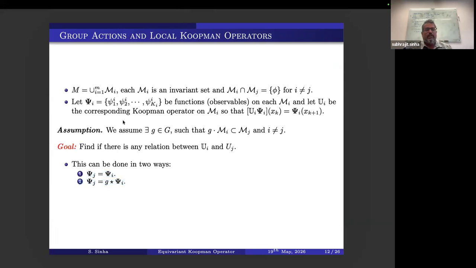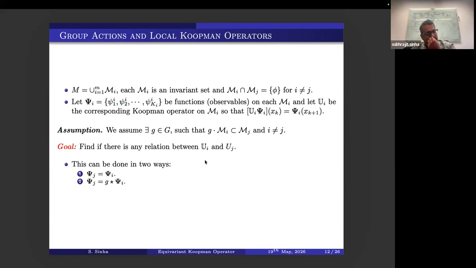So what is our goal? Let's say our state space can be expressed as a union of invariant sets, where M_i intersect M_j is empty, and on each of these M_i we fix a dictionary psi_i. Let's assume that the group acts on the system transitively, that is, there exists some G such that G times M_i belongs to M_j for i not equal to j.